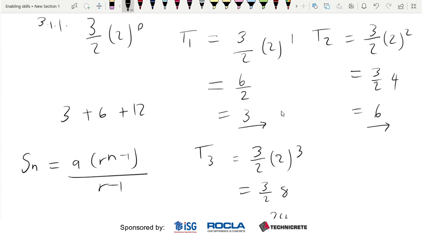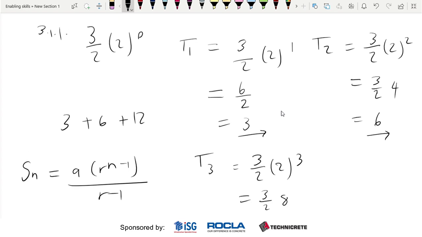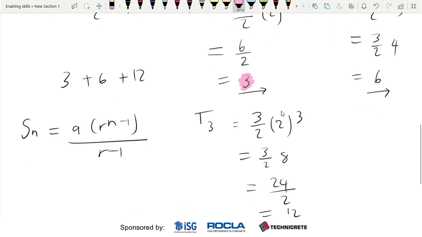Now R is our common ratio, which is 2. We already found the value of our first term, T1, which is A, which is 3. And now we can substitute into the formula.